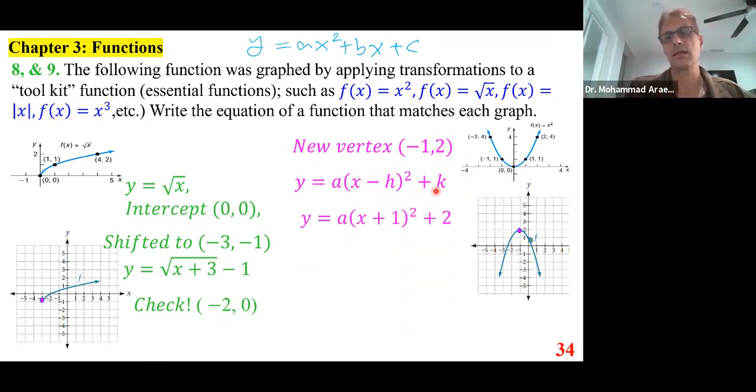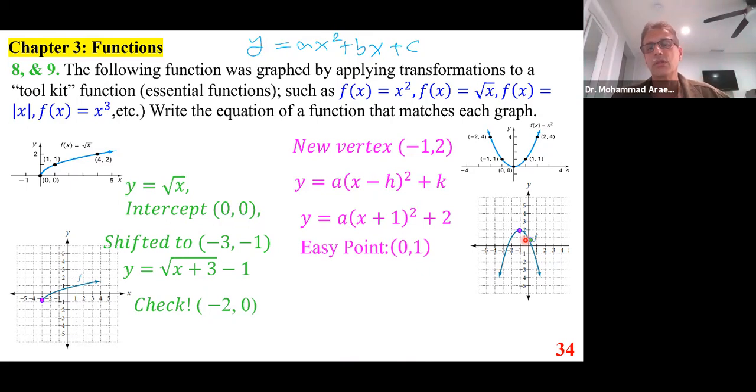So that's the function. Now, a, generally speaking, you know it has flipped over, so it is negative. It may not necessarily be just -1, but it is negative because it has flipped over. So again, you pick an easy pair, okay? I hope you see that the y-intercept is an easy pair.